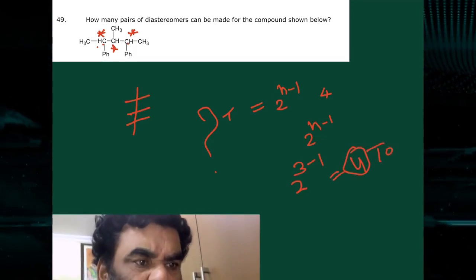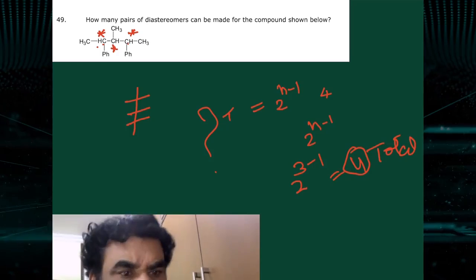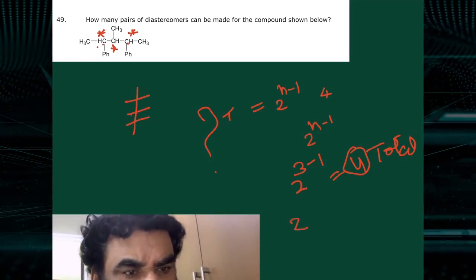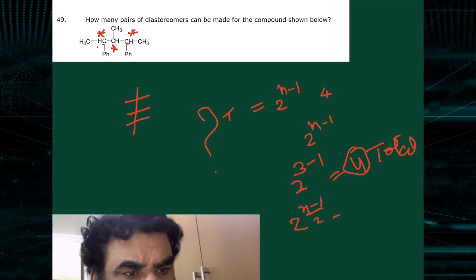Total stereoisomers, 4 are there, optical plus this. And meso is 2 to the power of n minus 1 by 2. These are meso.